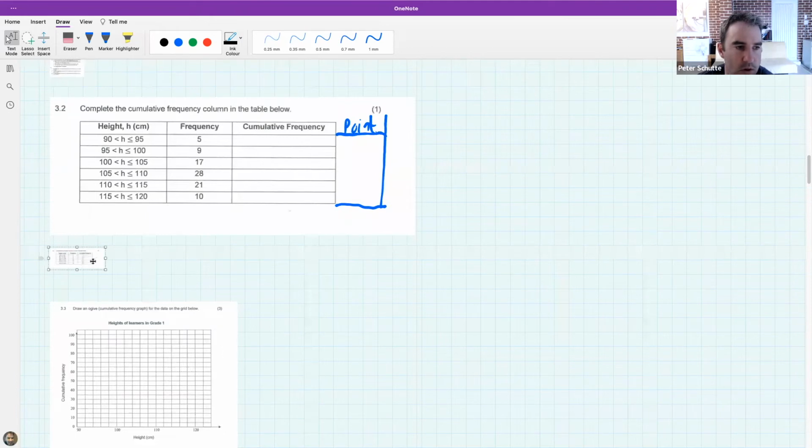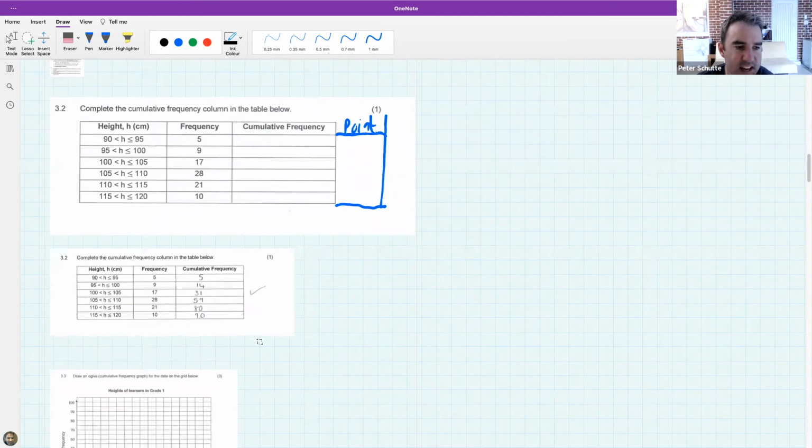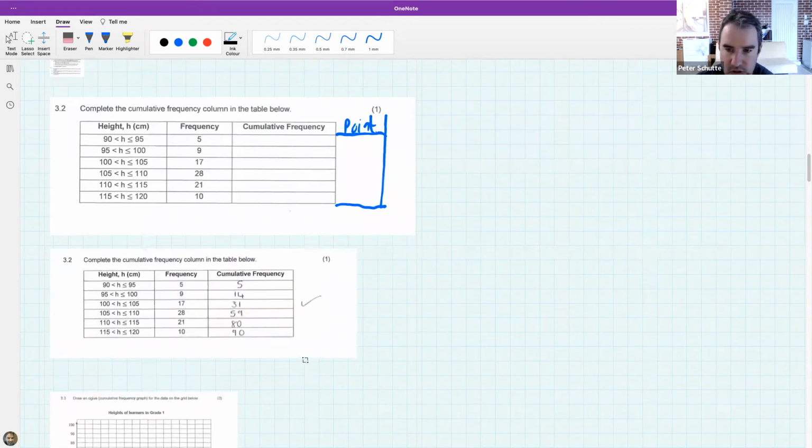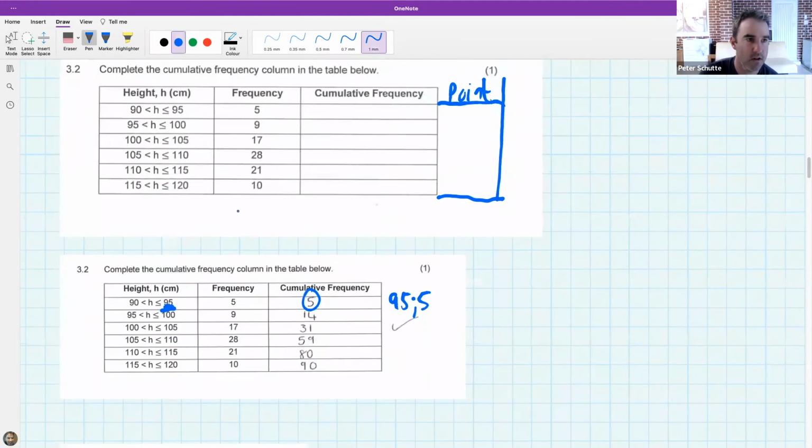Okay, so your table should look a bit like this. However, in order to get the point is going to be 95.5, because remember, you're going to the end of the interval and then you take the cumulative frequency, and then you would also get, just make sure I've got the right size pen.